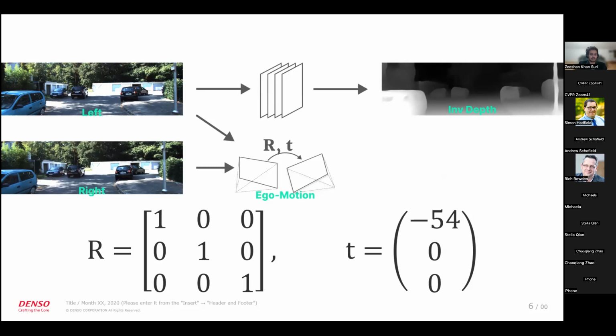Since we already know this, we use it as the ego motion between the left and right image. And from the ego motion and the depth estimate, we calculate a flow image, which here is just in the X direction, a horizontal shift with respect to the baseline between the left and right stereo images.